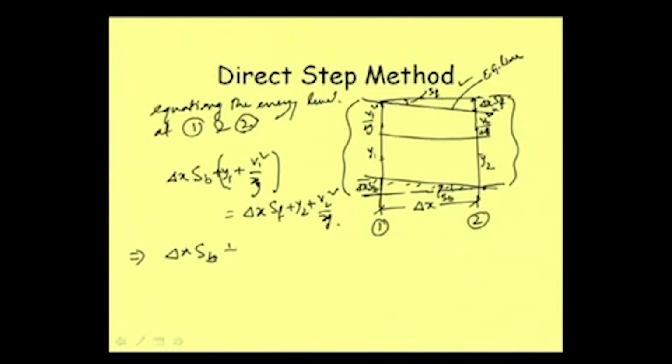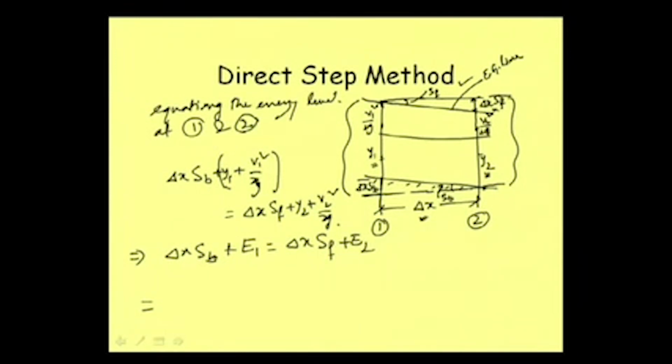So this implies that delta x into SB plus the specific energy E1 is equal to delta x SF plus the specific energy E2. Now, our target is to find out the delta x when y2 is the depth here and y1 is the depth here at upstream.